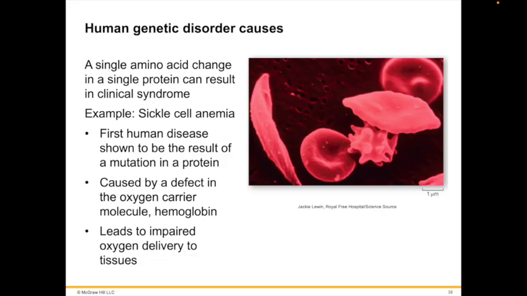It is caused by a defect in the oxygen-carrying molecule hemoglobin. Sickle cell hemoglobin molecules tend to aggregate inside red blood cells, forming rod-like structures that distort the shape of cells and reduce their ability to transport oxygen.